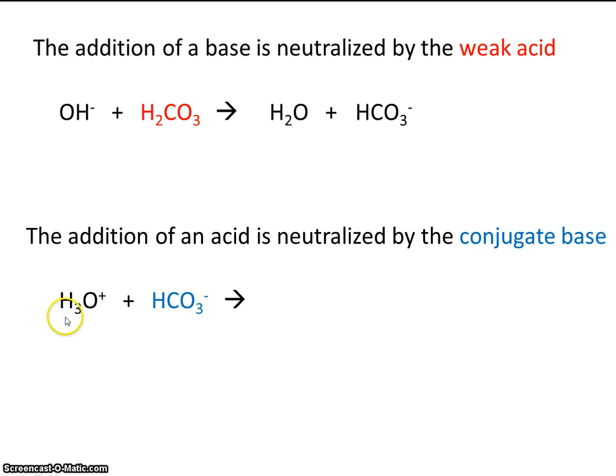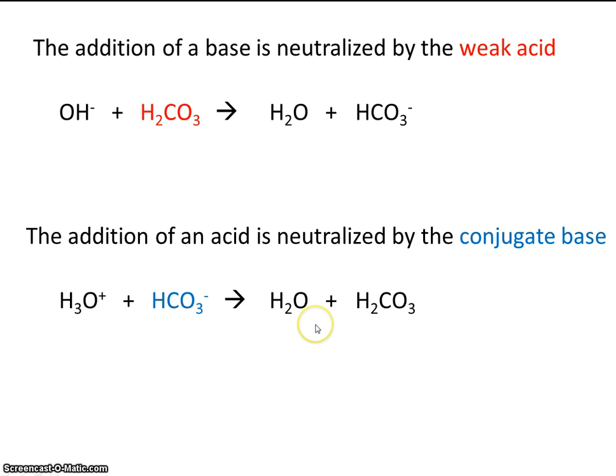So if we add acid, that acid will react with this conjugate base as follows. So you know that a base can accept a proton. So it will accept one of these protons here. So if it accepts one of these protons, it means that H3O had to give up a proton, turning it into H2O.